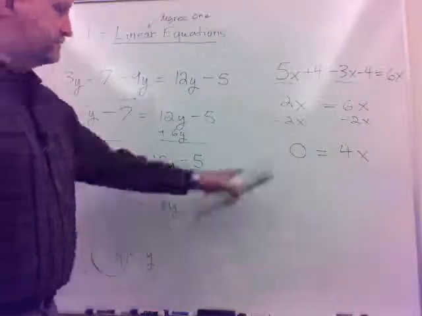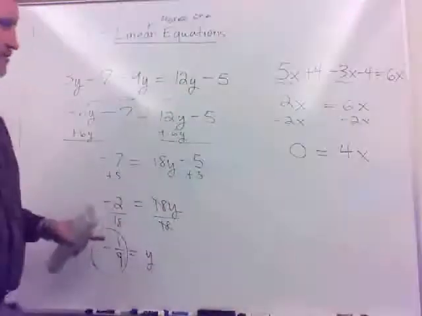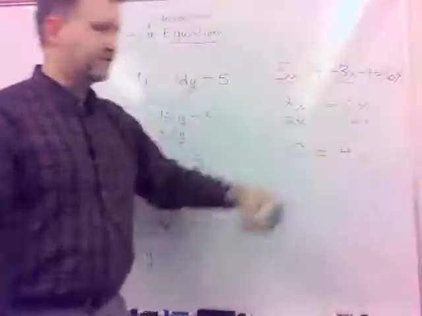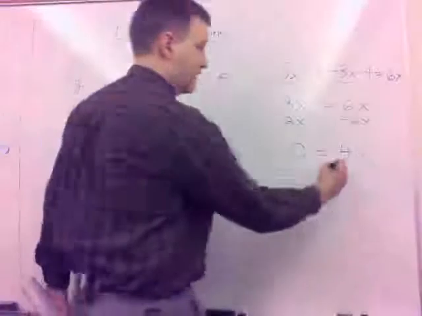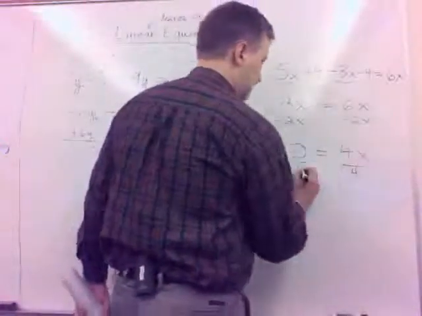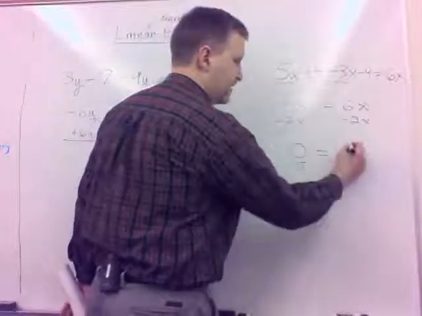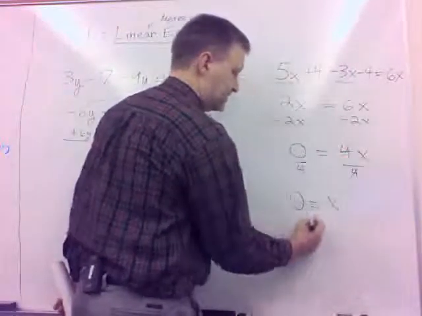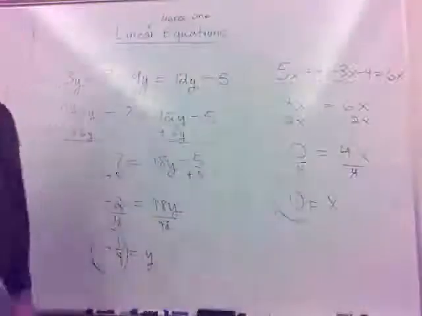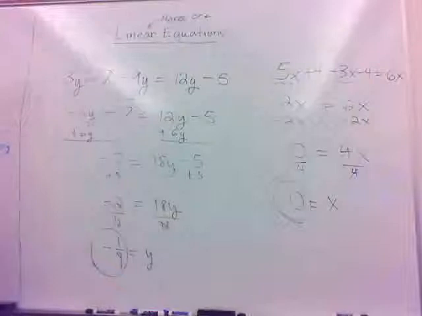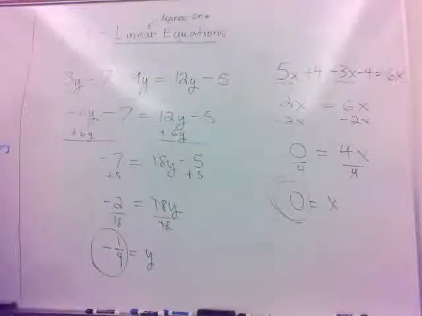All right, well, this problem is just like the other problems. I need to get x by itself. It's 4 times x. I need to divide off that 4, don't I? 0 divided by 4, well, that's just 0. 4's cancel, so that's just x. Yeah, it turns out my solution in this case is just going to be a 0. All right.